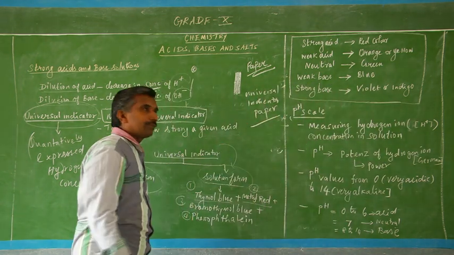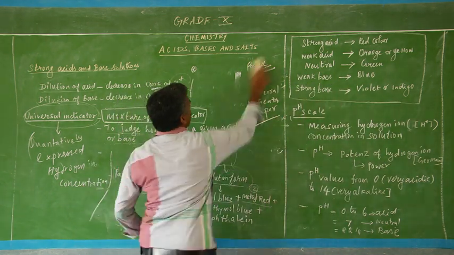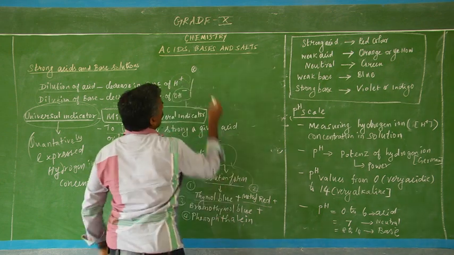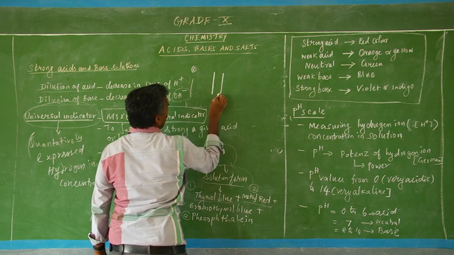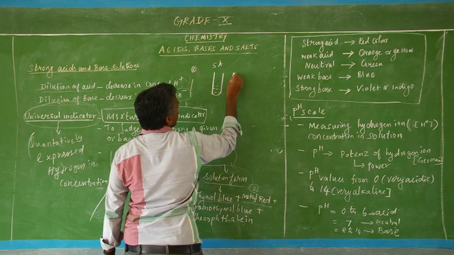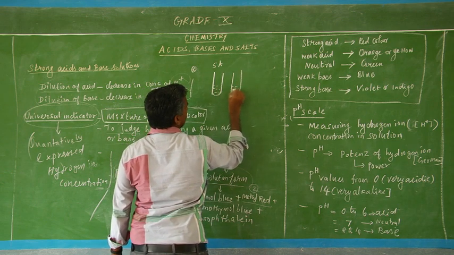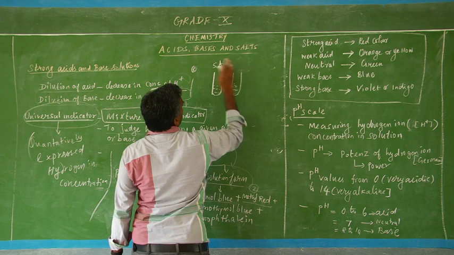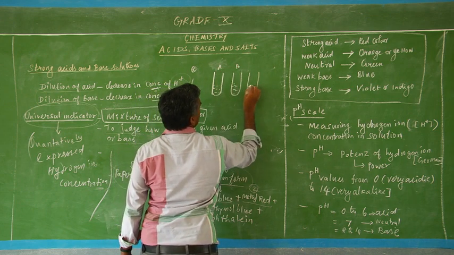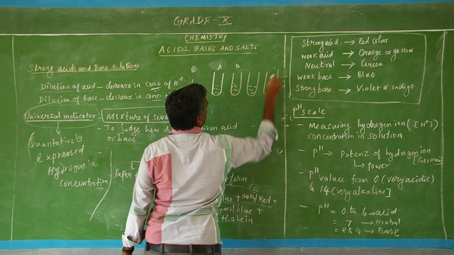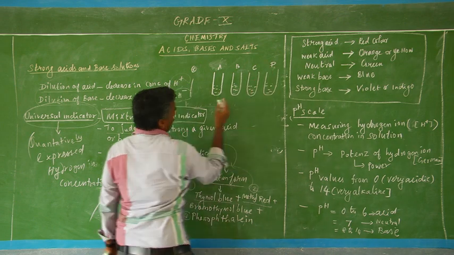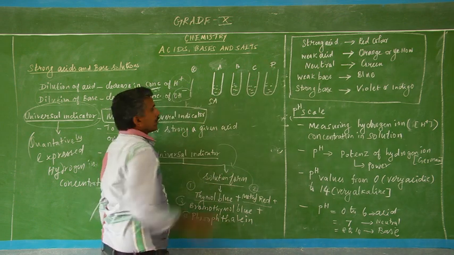Now you take test tubes. Test tube A contains a strong acid, SA.